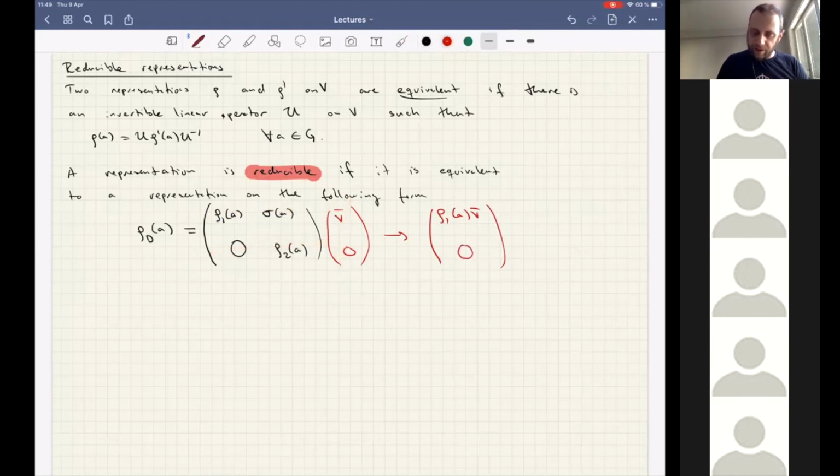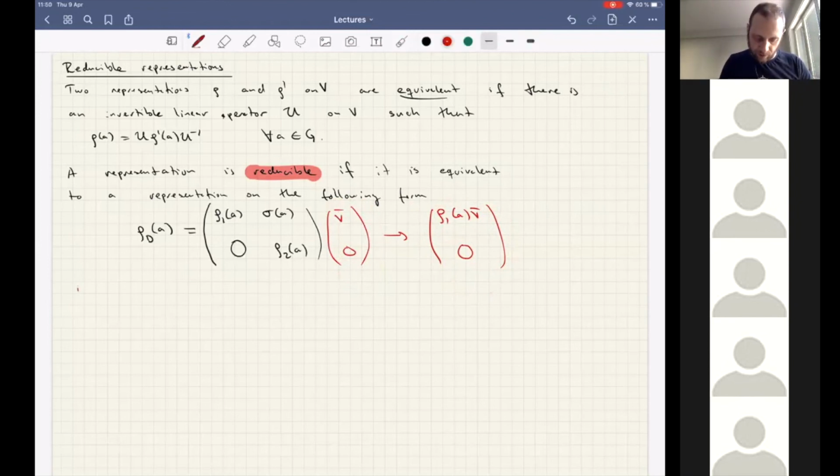So it's mapping vectors of this form to vectors of the same form, which means that there's an invariant subspace. So the subspace of vectors that just have the components in, let's say, the first M components.